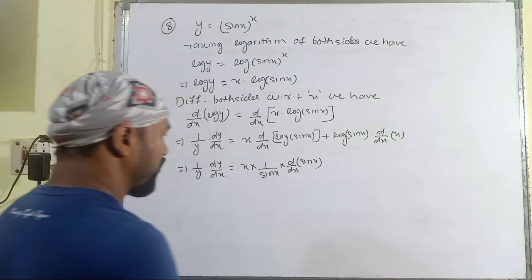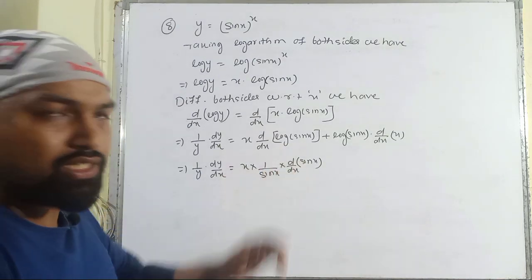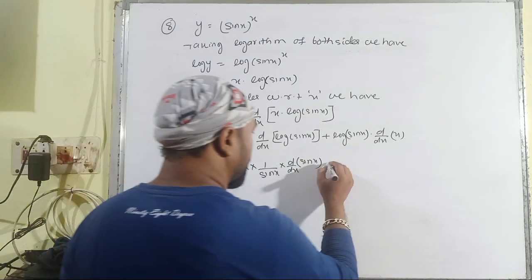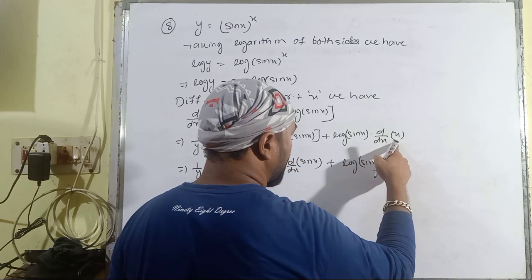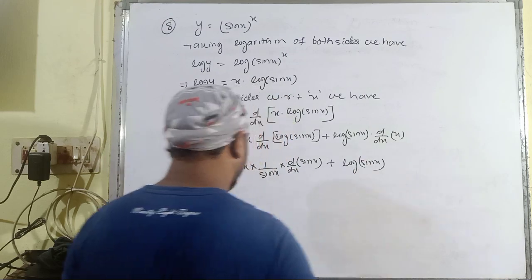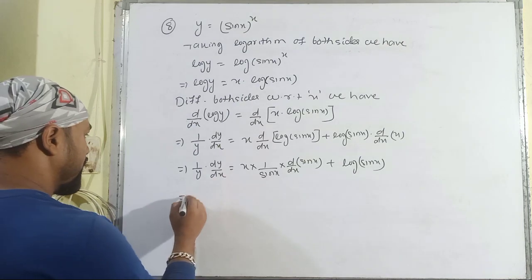As we have applied the chain rule here, as log sin x, it is a composite function. So log sin x and the differentiation of x with respect to x, it is 1. So no need to write down here 1.